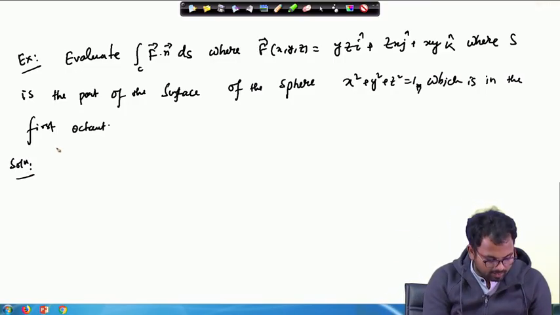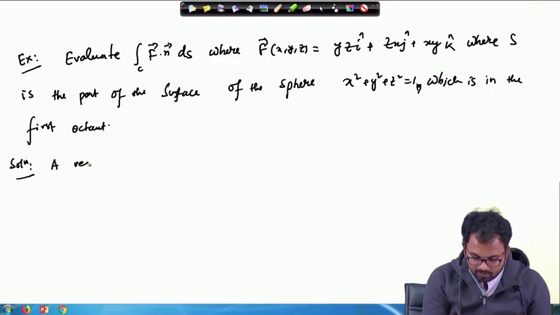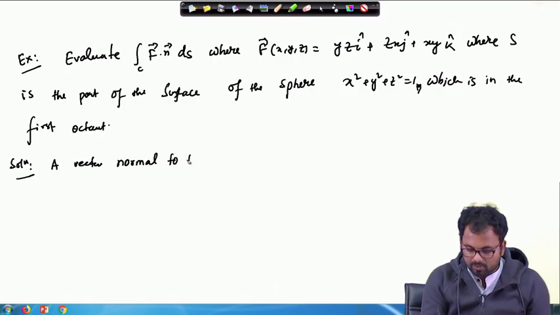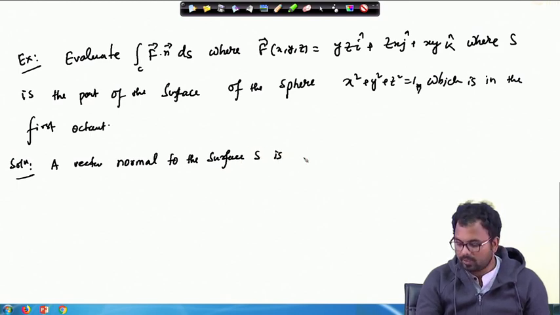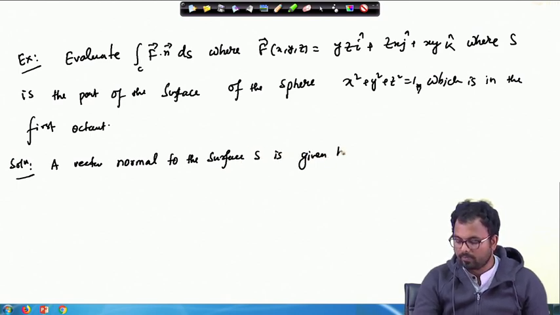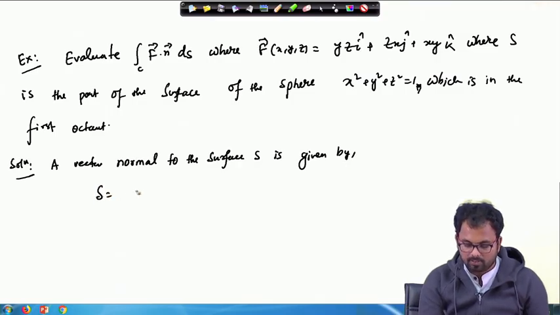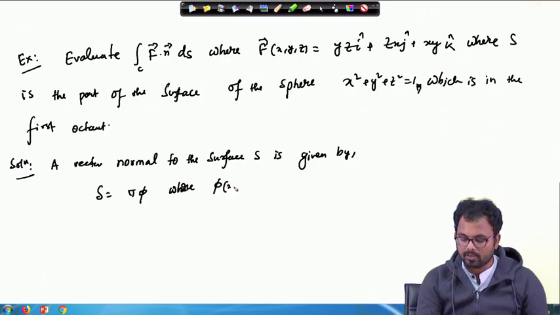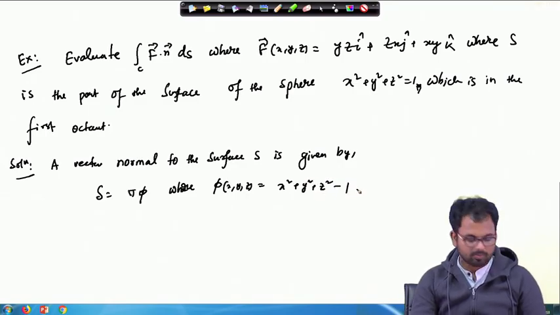So, basically a vector normal to the surface S is given by gradient of phi, where phi(x, y, z) equals x square plus y square plus z square minus 1, right.